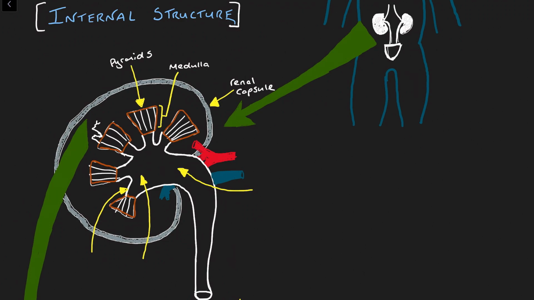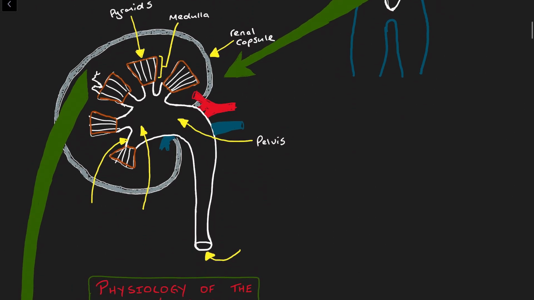In the middle over here you've got the renal pelvis. The major calyx is situated over here, and the minor over here. And urine from the kidneys is excreted through the ureter down here.